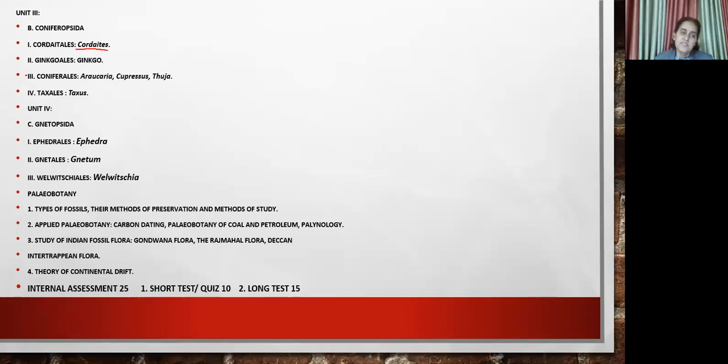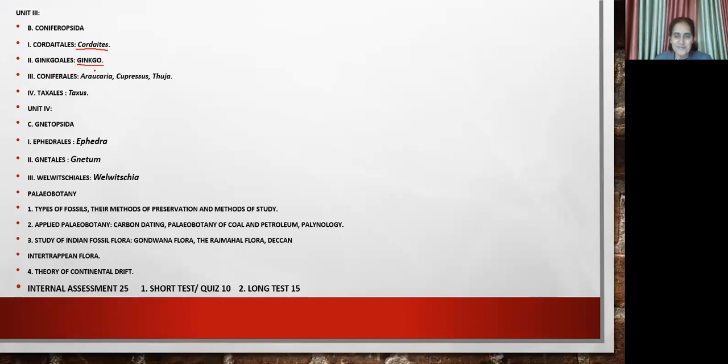Now coming to the next order, Ginkgoales, under which you have to study Ginkgo. This is a living fossil, meaning its few species are living. Ginkgo biloba is the common species. Rest of the genera are not present in Ginkgoales. So from the past till date it is present. That's why it is called a living fossil.